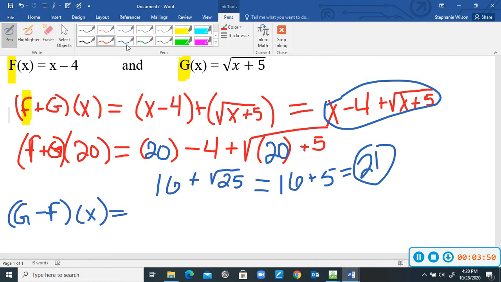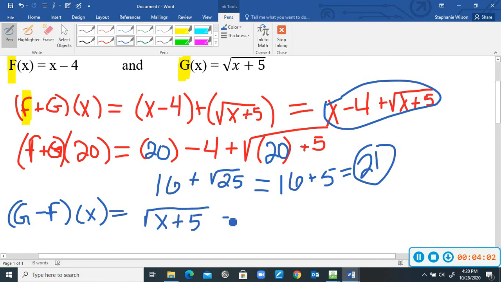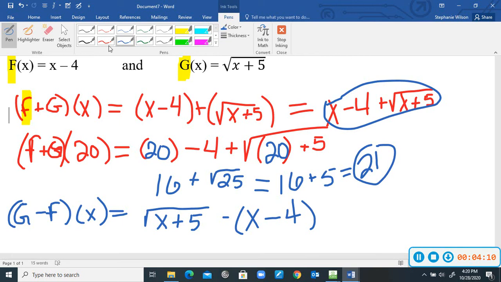So I said G minus F. That means the G function comes first, and then I'm going to subtract my F function. I'm going to put the F function in parentheses because that minus sign is going to change everything inside there when I distribute it. I have to distribute this negative sign to everything inside here. So what happens?